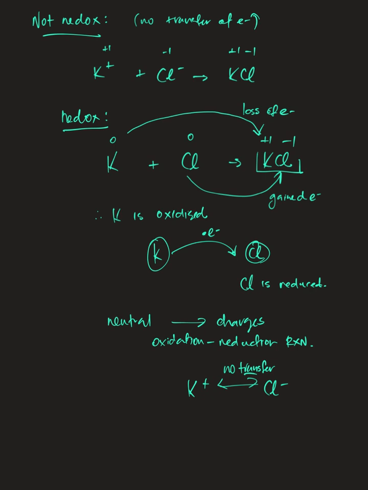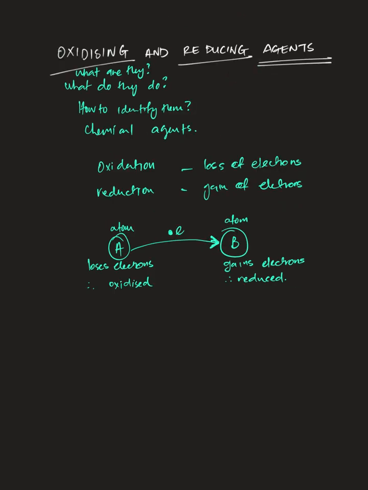All right, the next thing we're looking at is something we call oxidizing agents and reducing agents. When we look at oxidizing and reducing agents, we want to know what are they, what do they do, how do we identify them, and what do we mean by chemical agents. Remember I said I'm going to write this over and over again so it's branded in your brain at some point. Oxidation I know is loss of electrons, reduction I know is gain of electrons.